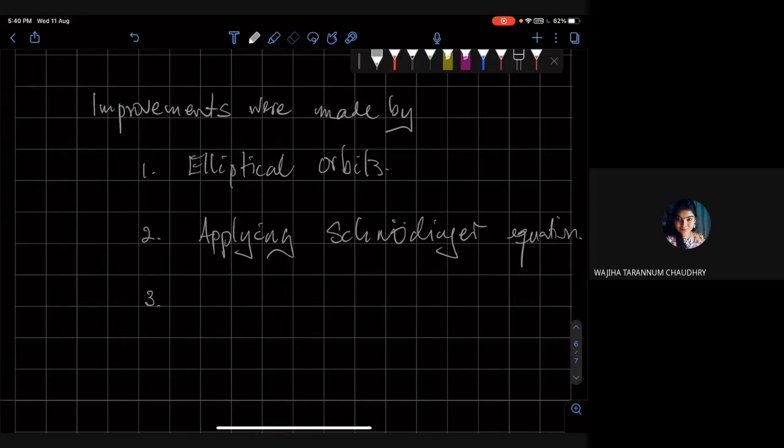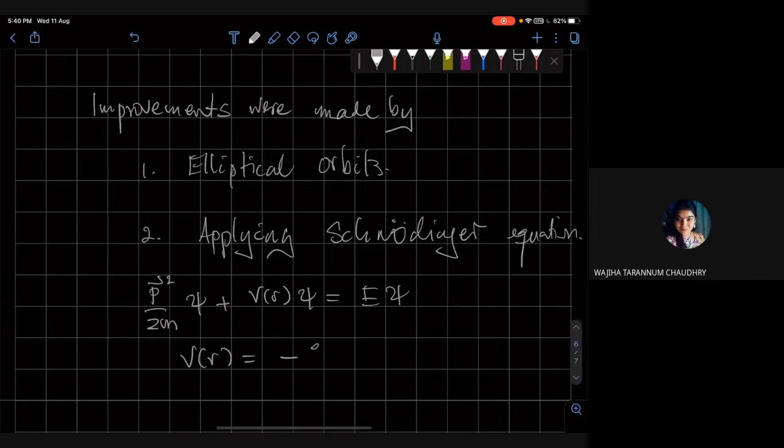The Schrodinger equation is going to be p squared by 2m acting on psi plus V of r psi equal to E psi, where V of r, in the CGS system, is an attractive potential, minus e squared divided by r.